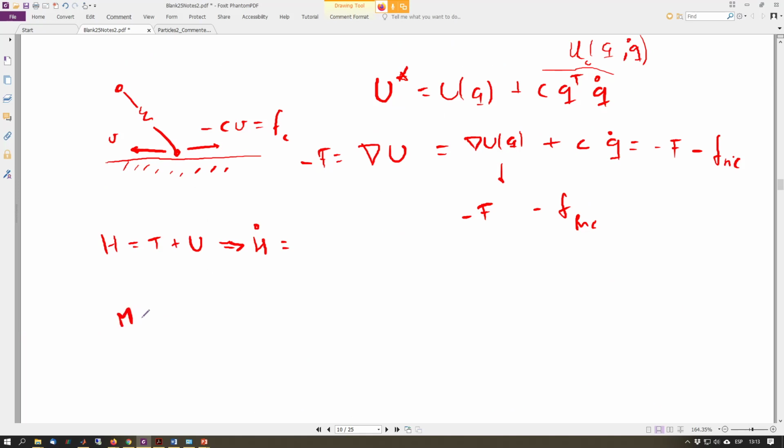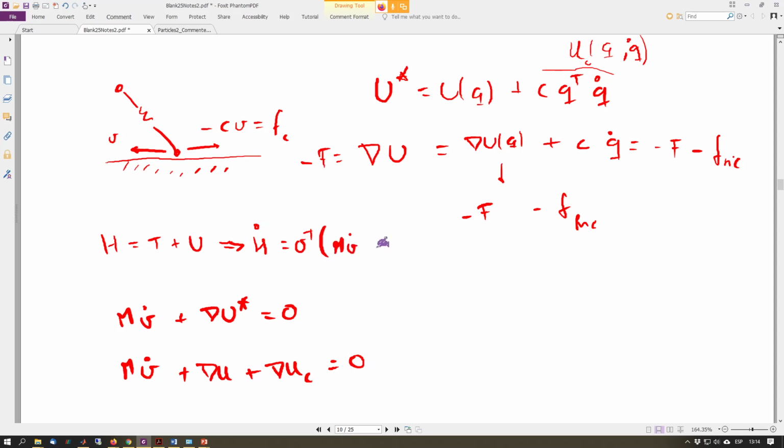Our Euler-Lagrange equations are stated in that manner, equal to 0. Then we have m by v dot plus the gradient of U plus the gradient of the contact, equal to 0. So h dot is equal to velocity transpose of m v dot plus the gradient of U, because we are counting just the elastic energy, the same as before; we don't include our frictional forces here.